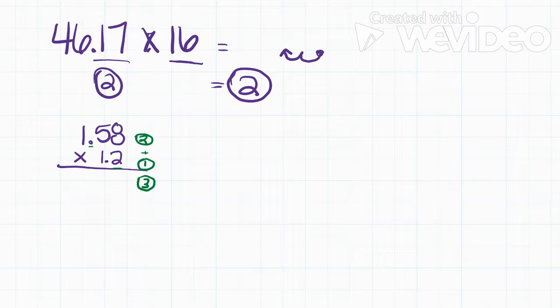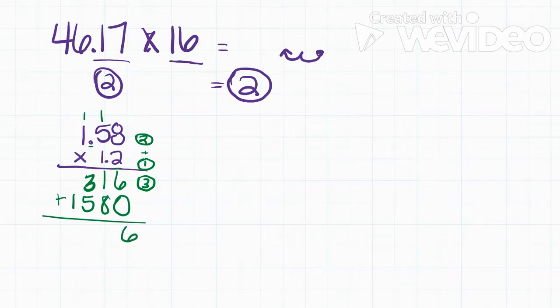So now I'm going to multiply like normal and just pretend that the decimals aren't there. Okay, now what I'm going to do is remember this 3 that I wrote.